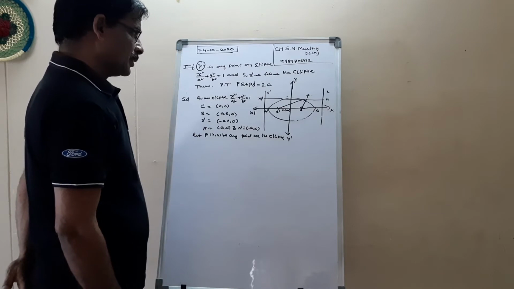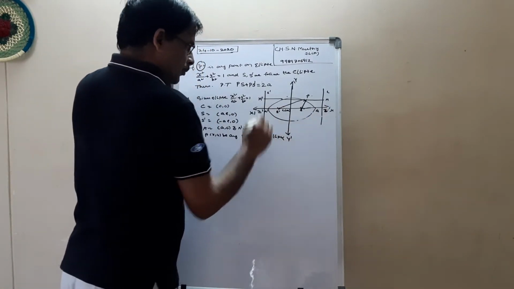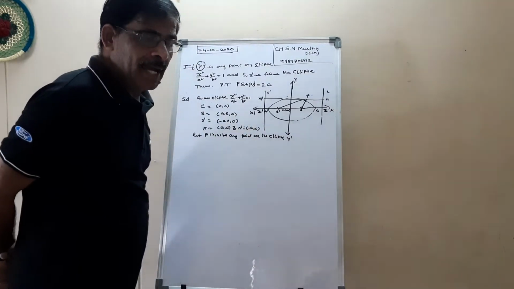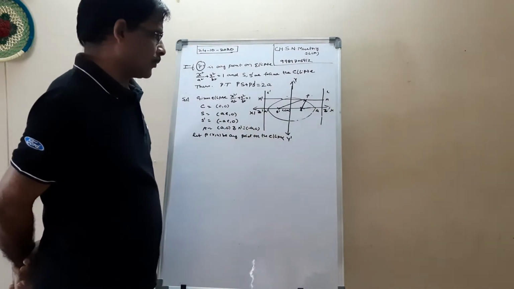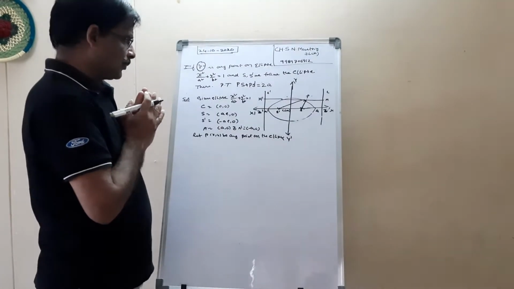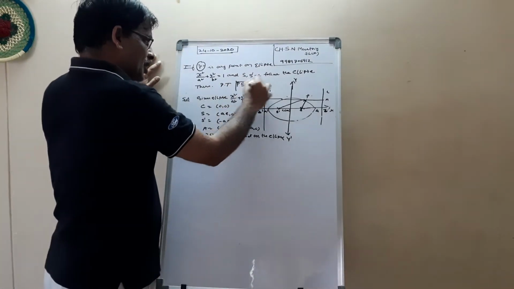This is Z, this is Z bar. Z is the projection of S, Z bar is the projection of S dash. I have written everything here. Now see, we have to show this result.